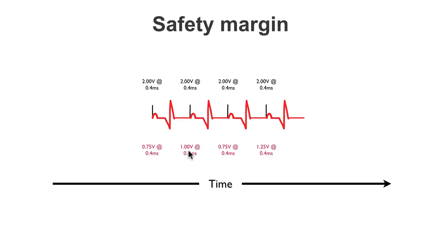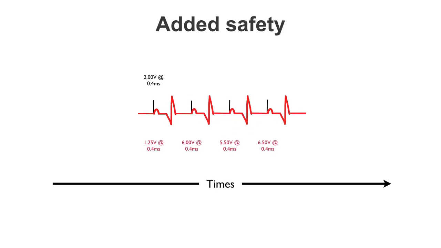Then it might go up to 1 volt at 0.4 milliseconds, down again to 0.75 volts at 0.4 milliseconds, and even as high as 1.25 volts at 0.4 milliseconds. These slight fluctuations in the tissue's threshold are a very natural occurrence. The output pulse is always large enough to trigger the depolarization.